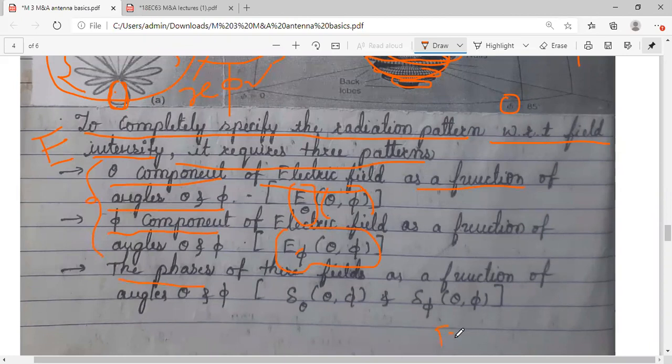We don't know whether it is simply the E magnitude, or it may have some phase, delta. So the phase of these fields also we should consider. These two will give you the magnitude in the theta direction and in the phi direction. The third one is going to give you the phase of the fields, that is, how the phase of the field varies when it travels through the antenna.